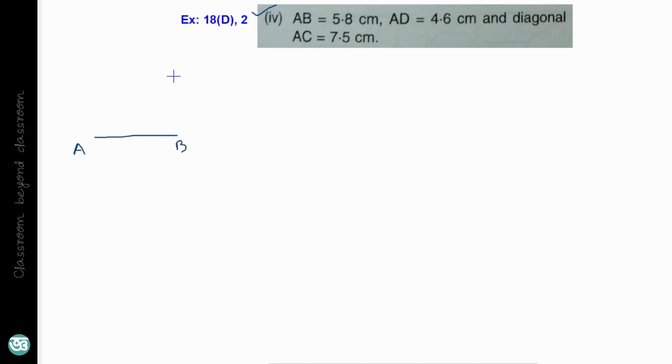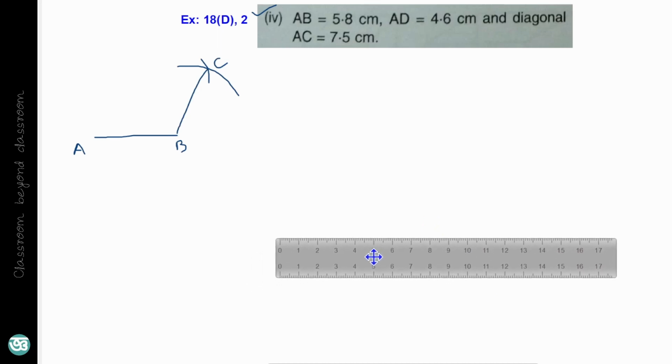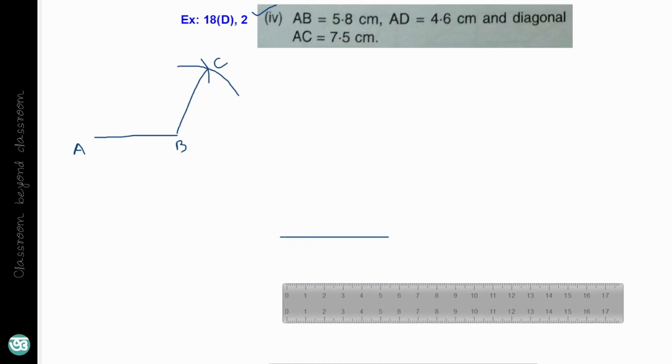AD is given, so this is the arc, and from point A, that is diagonal AC, we can construct this, and this will be point C. So once we get this, we can get the other sides also. I'll draw a line that is AB equal to 5.8 centimeter. Yes, this is 5.8 centimeter.